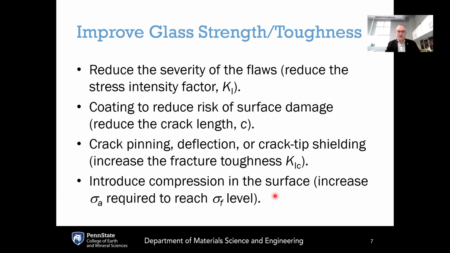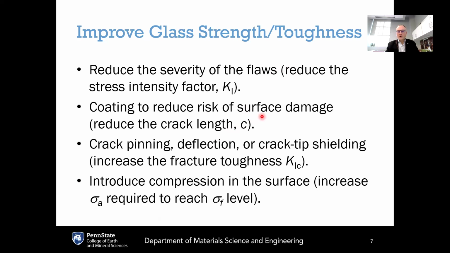Now, putting all of this together, what this means is that if our goal is to improve the strength or toughness of a glass, we have different ways that we can go about doing this. One is to reduce the severity of the flaws, thereby reducing the stress intensity factor K1. Another way would be to apply a coating to the glass to reduce the risk of surface damage.